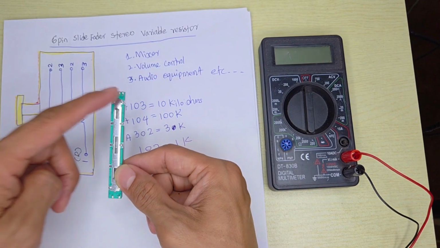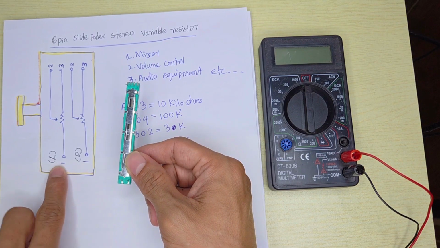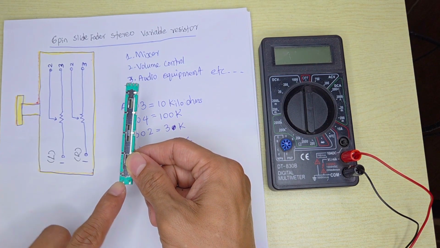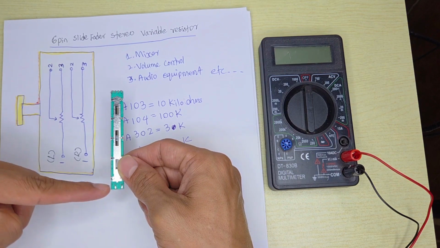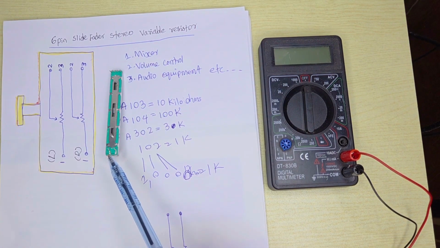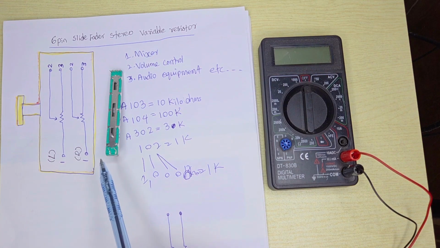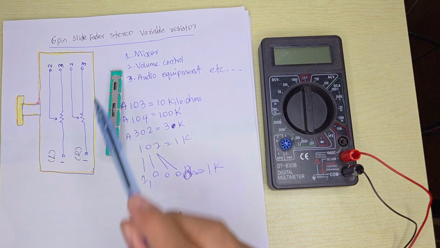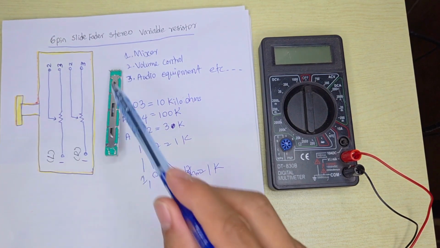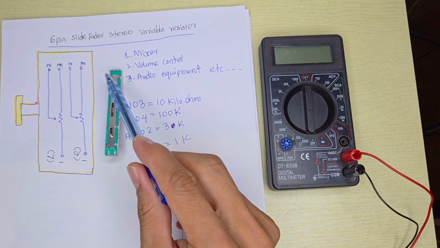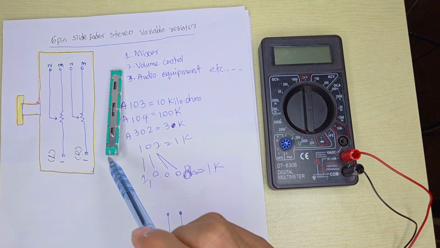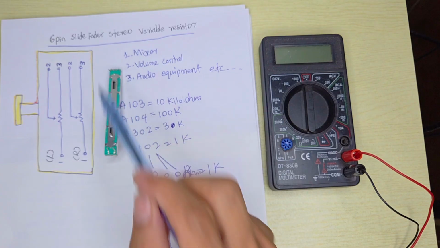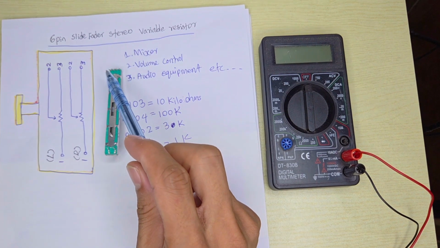So here are 2 pins and this side is 4 pins. This is pin number 1 and this is pin number 2. Pin number 1 is for one channel, and the other side is the other channel, separate. Between pin number 1 and pin number 2 the value will change. Pin number 1 is input and pin number 2 is output, so left channel in, left channel out.